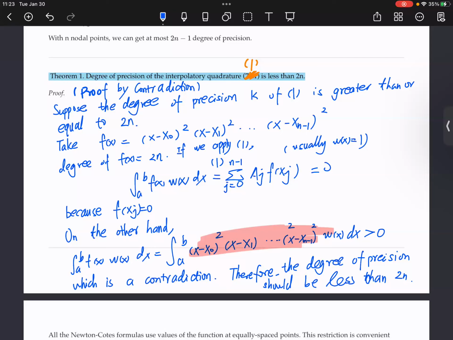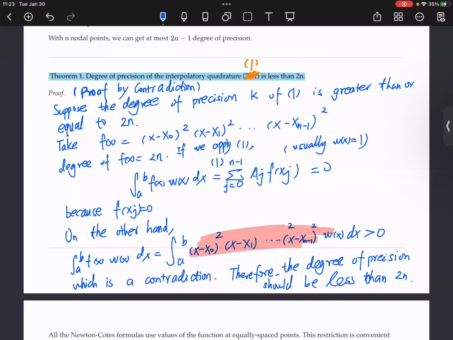But this is a conclusion you can memorize: with n node points, we have at most 2n minus 1 degrees of precision, and we are going to use this conclusion to look for the Gaussian quadrature rule.